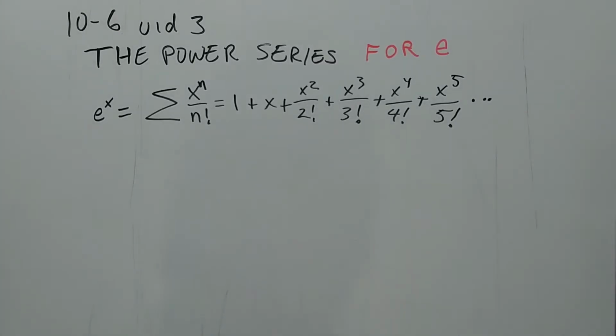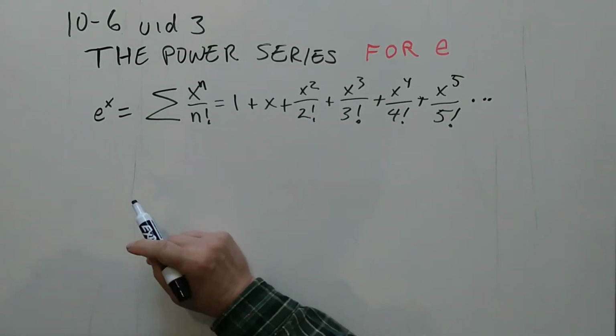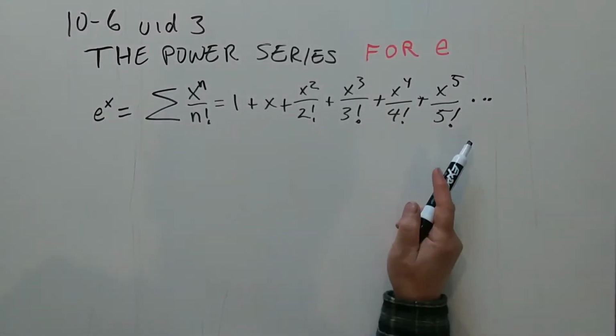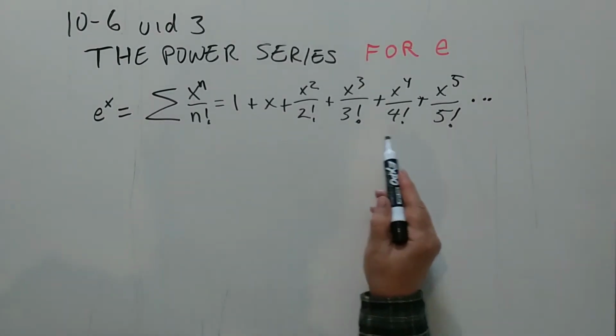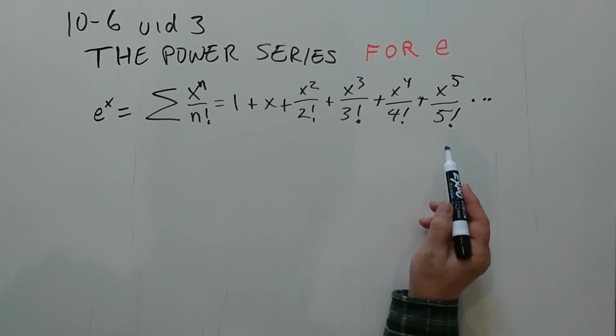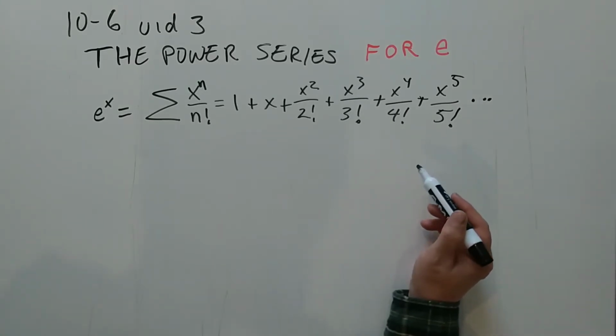This formula allows us to calculate the powers of e. And the nice thing about this is this means that even though e is a transcendental number, we can actually calculate a value for it.